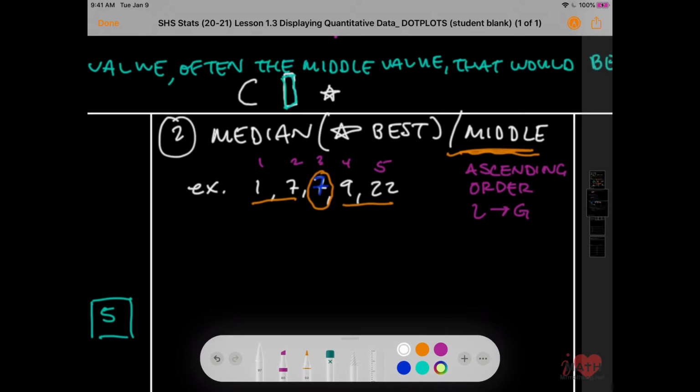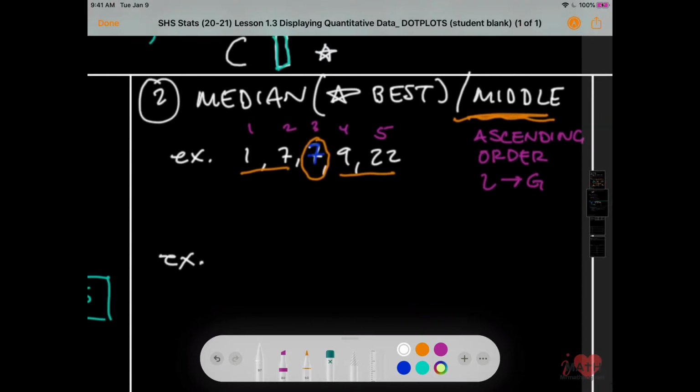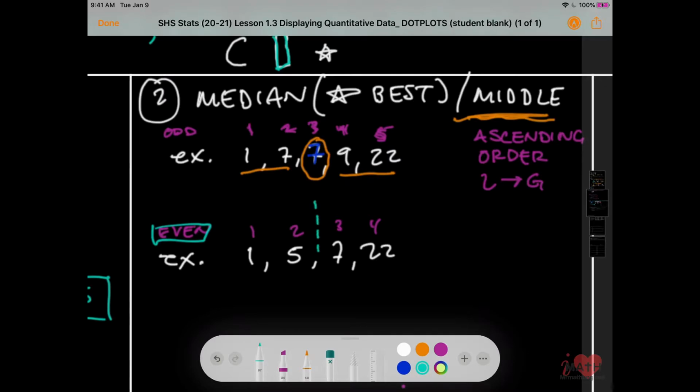Okay, let's do another simple example. Let's say I have the numbers 1, 5, 7, and 22. So what's the difference? The previous problem I had 5 numbers, 1, 2, 3, 4, 5. That was an odd number of data. And this one has 4 of them. 4 is even. Pay attention now. If I want 2 to the left, 2 to the right, then it's right down the middle.